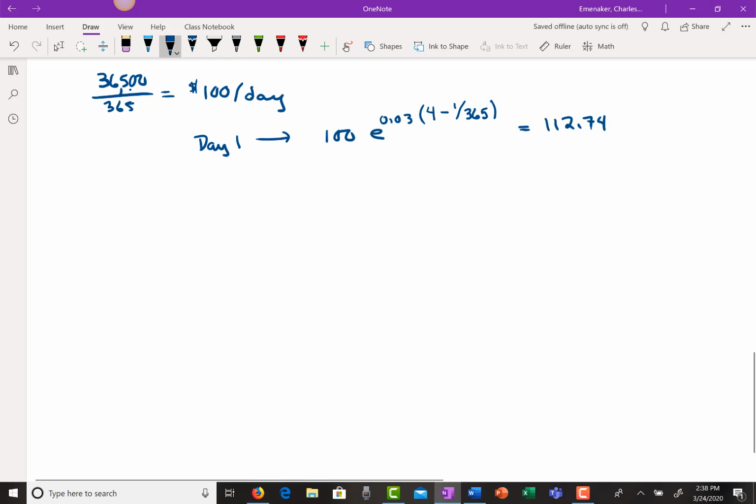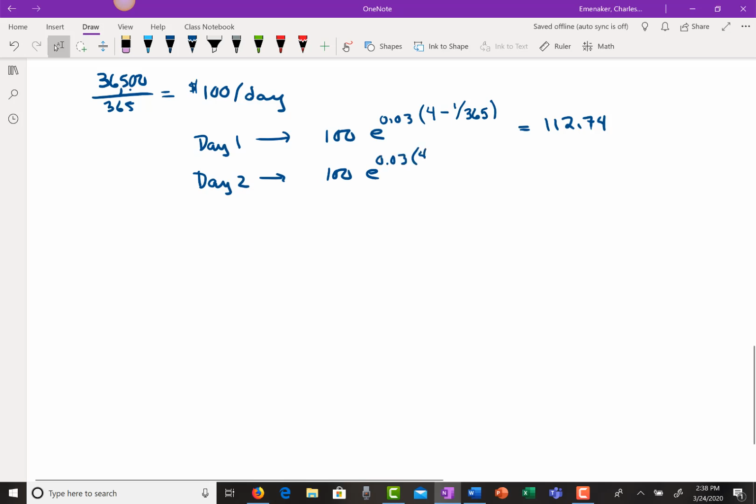This $100 that you put on at the end of the first business day will, at the end of 4 years, have grown to $112.74. On day 2, another deposit is made into your account for $100. It's still going to continue at this rate of 3%.